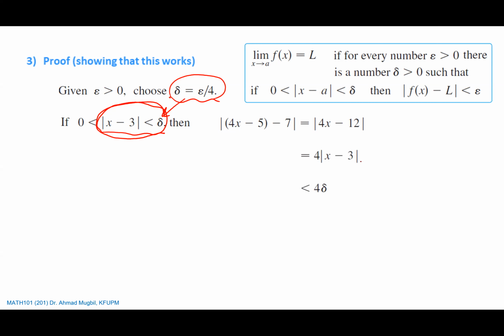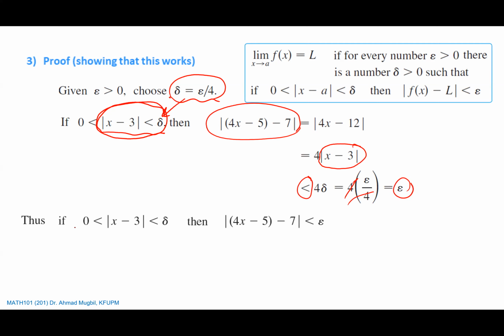Now this is less than delta. What is delta? Delta is epsilon over 4. Cancel 4 with 4, it is epsilon. So we have this less than epsilon. If this, then this. Now we proved. So this is the proof indeed.